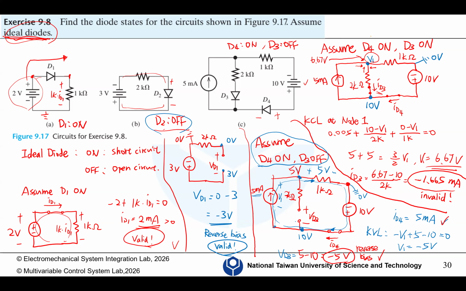A little bit messy, but hopefully you know how to solve this kind of problem: you make assumptions, redraw the circuit, then calculate and try to validate your assumption. Hopefully we have some problems in your homework.